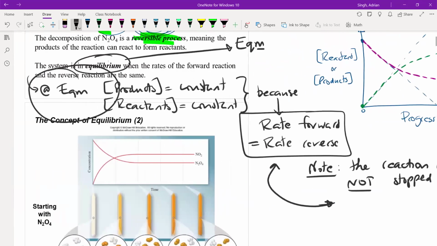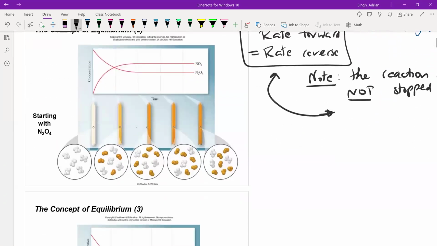We can monitor that using a color, for instance, if your reactants and/or products have a color associated with them. Right, so for example, in the specific one we looked at above, if you start with your N2O4 up here, the N2O4 doesn't have a color associated with it, but NO2 does.